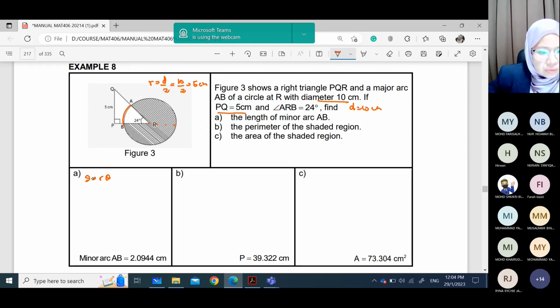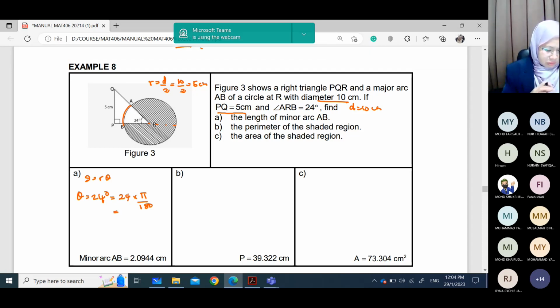Theta here is 24 degrees, so we convert to radians: 24 multiplied by pi divided by 180. So the angle in radian is 0.41 radian.